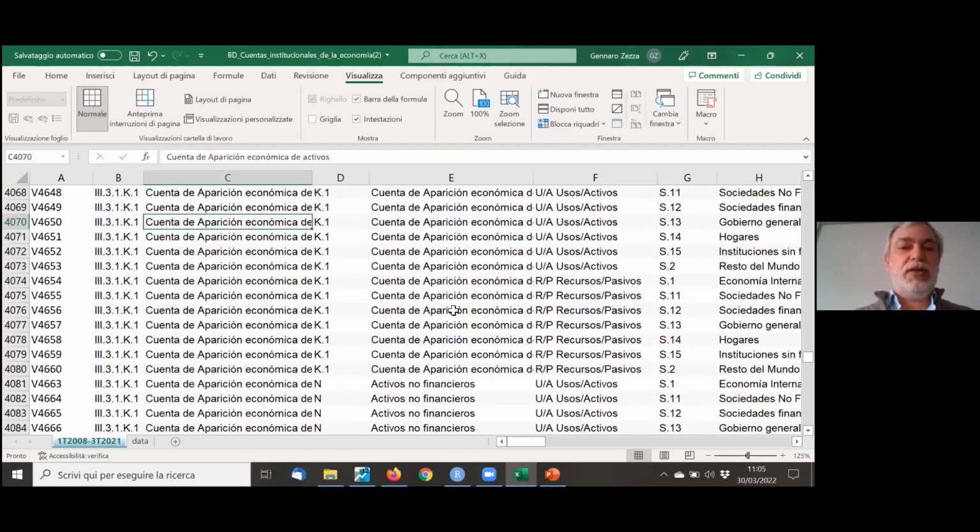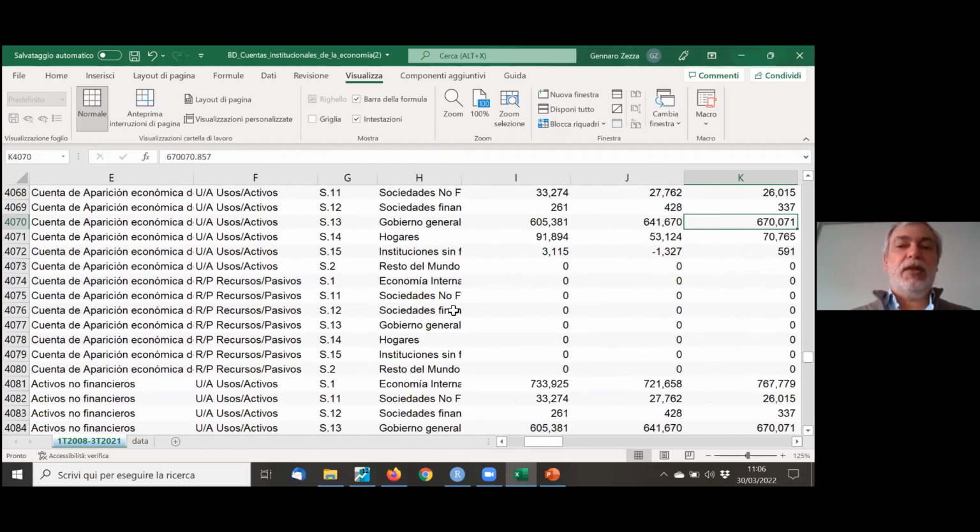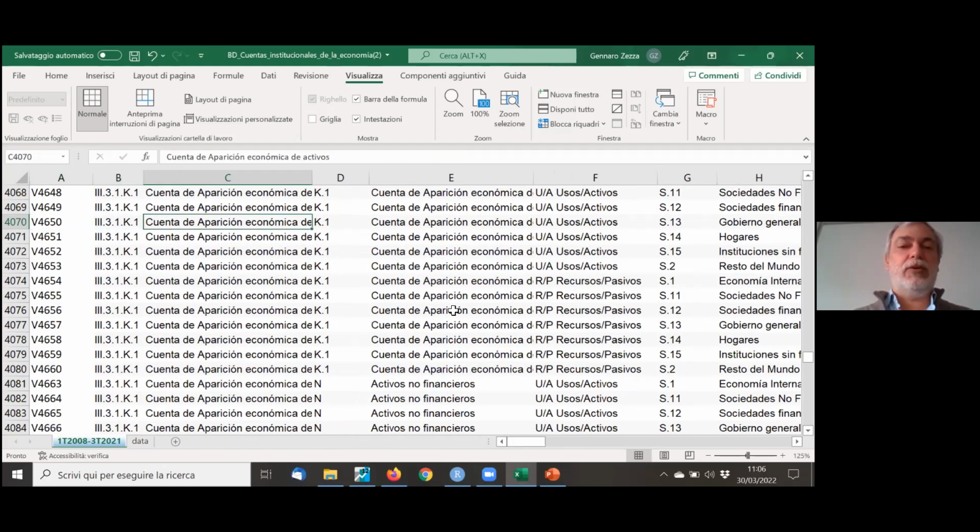Then we have this funny account that I've not met in other countries. The Aparición Económica de Activos is, and I guess of debt is, something they use when the measure of the asset is larger than they expected and they don't really know why. And so they say, okay, there's some additional asset that has appeared.